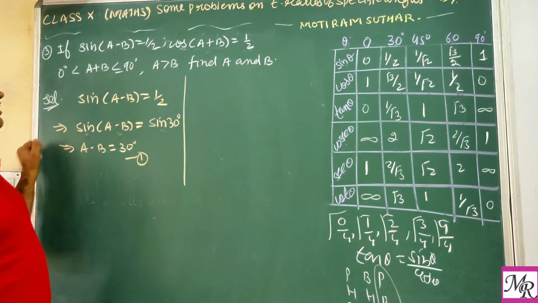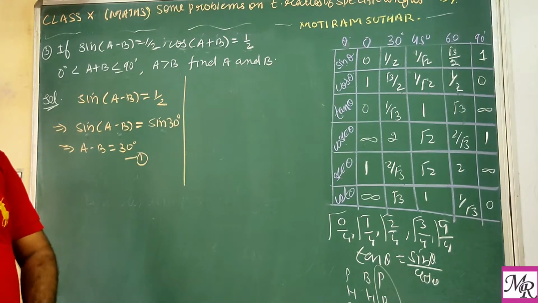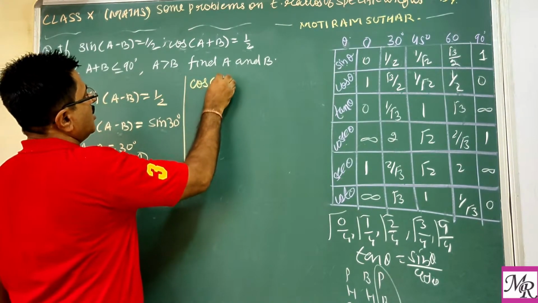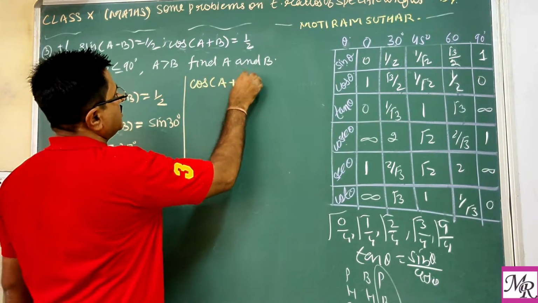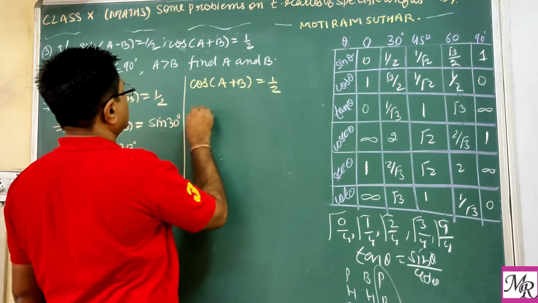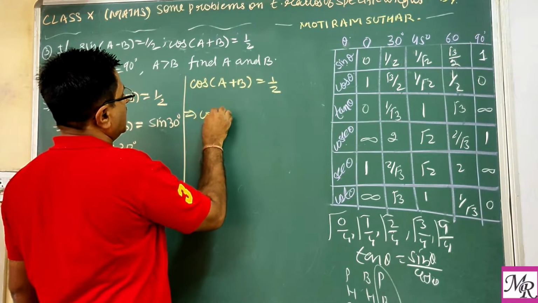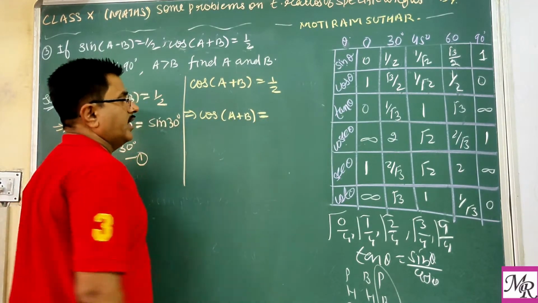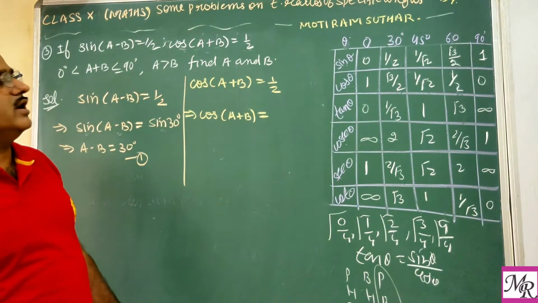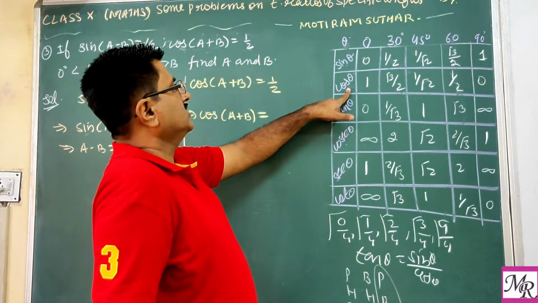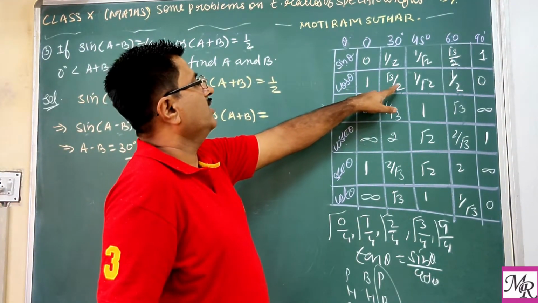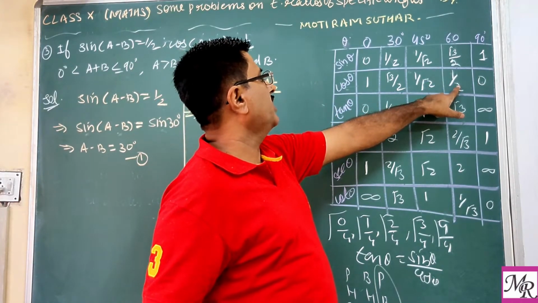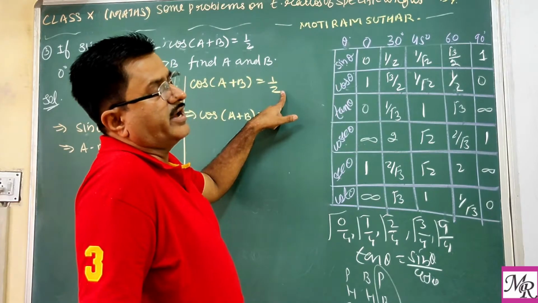Now similarly if you consider the second one, it says cos of A plus B equal to 1/2. So again we see the row containing cos, at what angle its value is 1/2. So this is 1/2, why 1/2? Because the right side contains 1/2.